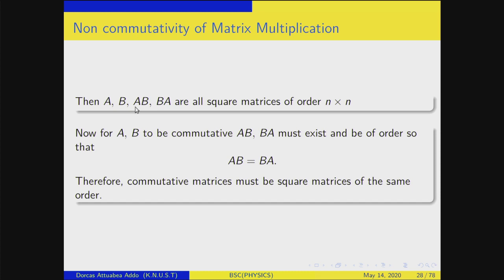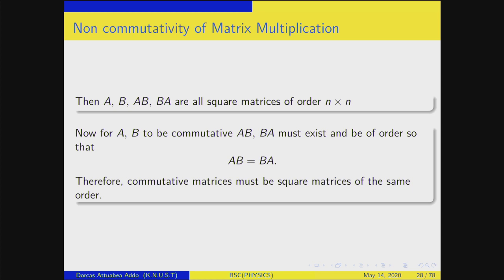We know the property of commutativity, which is AB equal to BA. So for commutativity, the matrices must be square matrices of the same order. So you can write two matrices of the same order and verify if they are equal. I'll kindly wait for your submissions and your interesting results under the comment section.